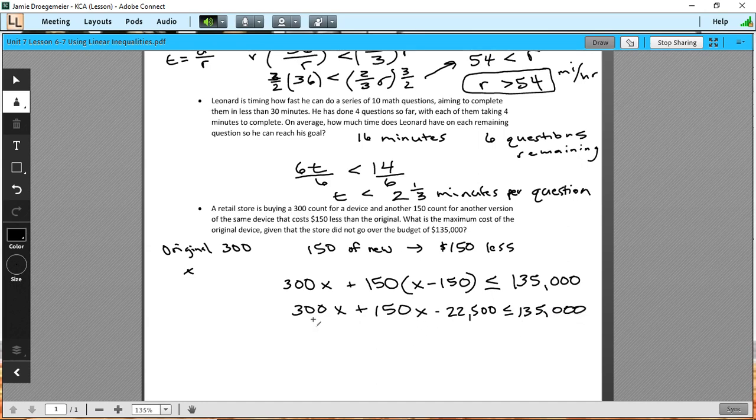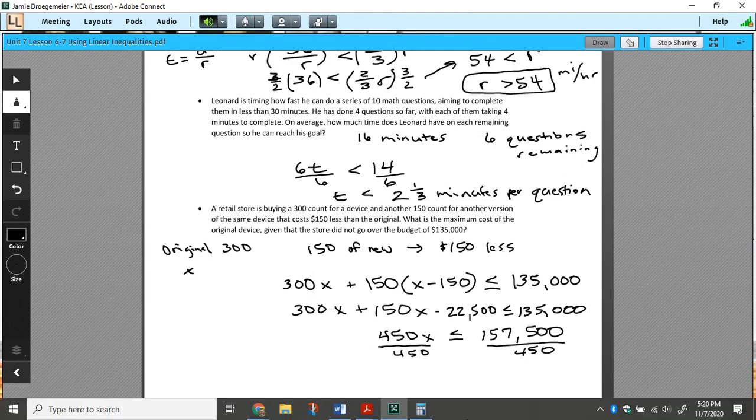Now we're going to combine like terms. 300x and 150x is 450x. I'm going to add that 22,500 to each side, which clears it from this side. And 22,500 plus the 135,000 gives me 157,500. And so my last step would be to divide each side by 450.